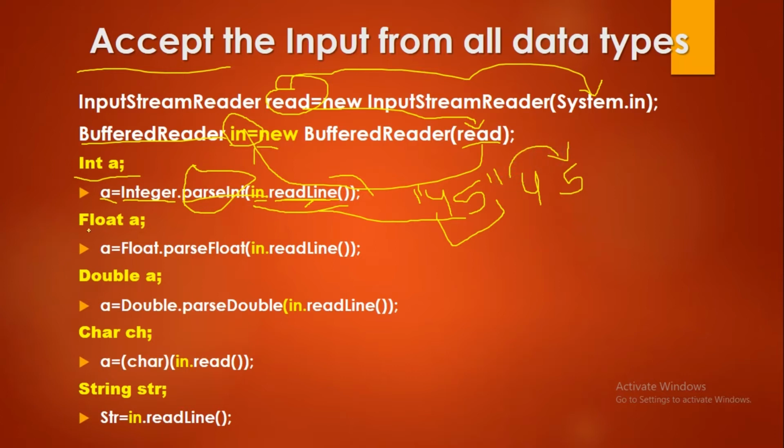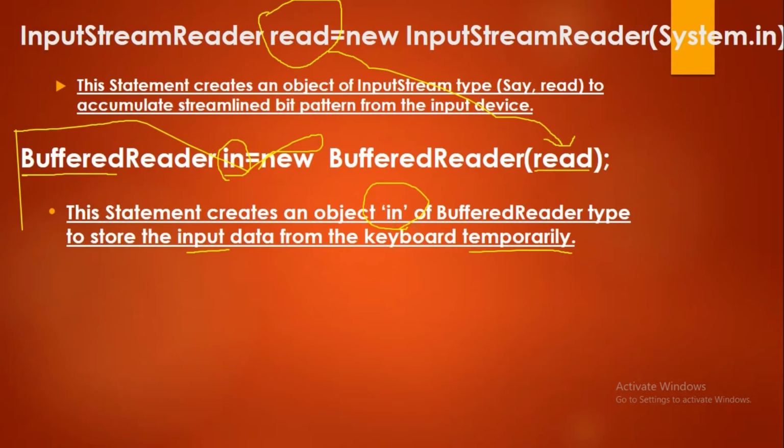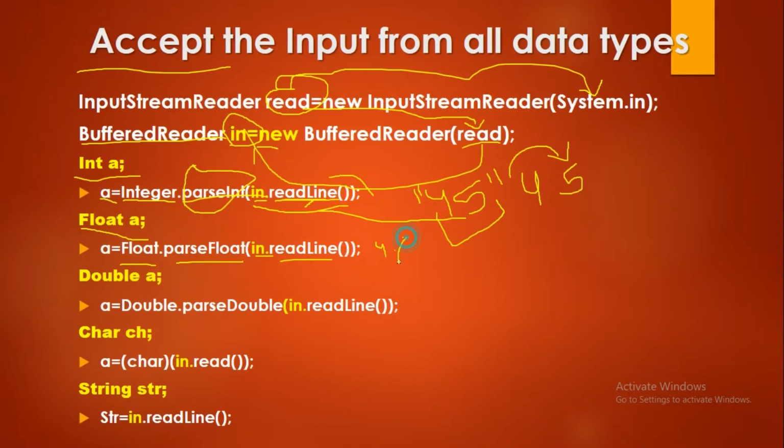The same applies if you are using float: a equals Float dot parseFloat. This is the format; in is a BufferedReader class object, readLine. Suppose the user enters 4.6.